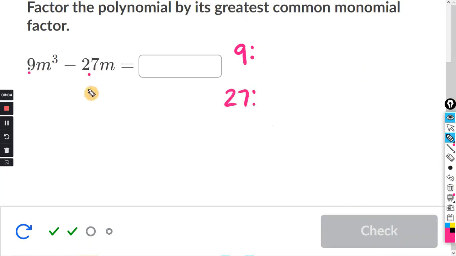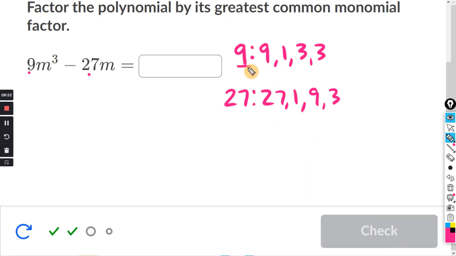Really, you can see they're both divisible by 9. But if we wrote out the factors for 9, that's 9 times 1 and 3 times 3. For 27, that's going to be 27 times 1. It's going to be 9 times 3. Okay, so the greatest common factor between 9 and 27 is clearly the 9. All right, so we factor out a 9.